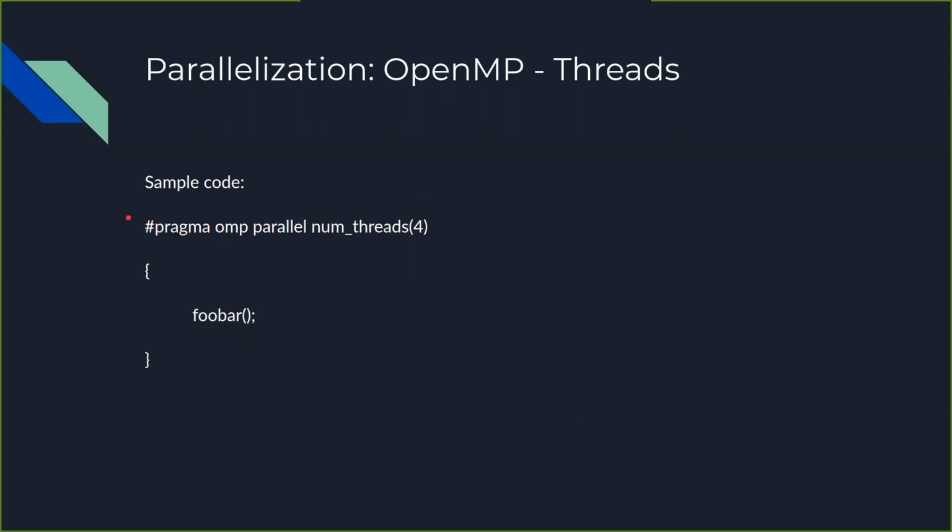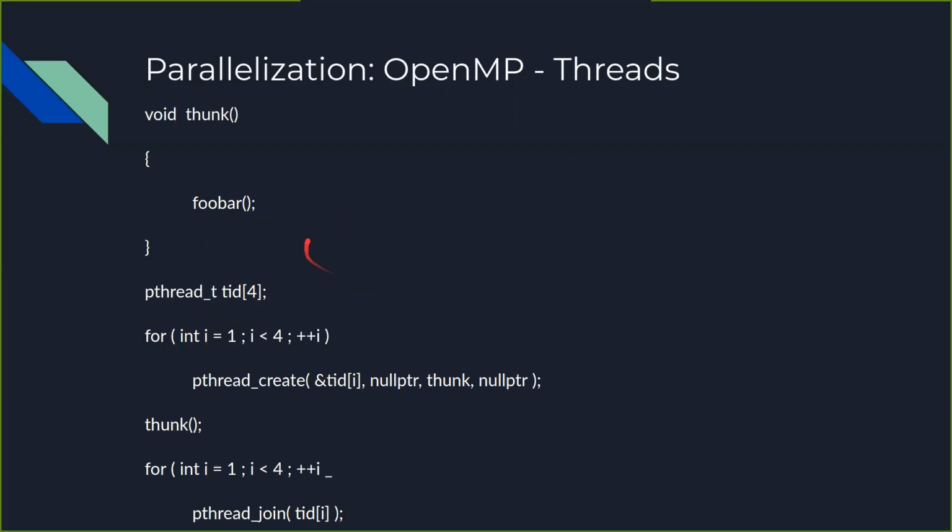Let's say you have a piece of code and you call a foobar with 4 threads. Internally, it will produce a wrapper function, a thunk, which will be generated by the compiler itself.